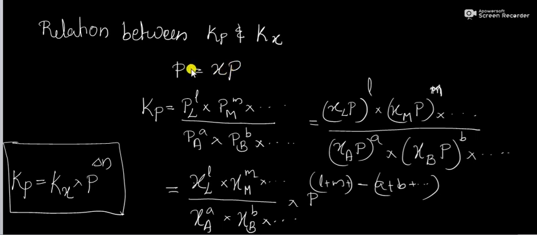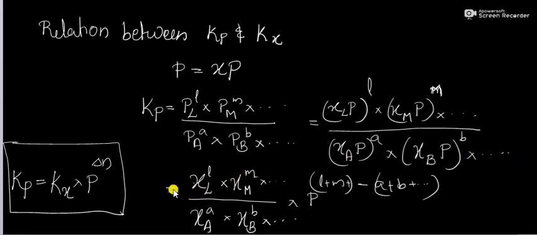So substitute the value of p, that is our partial pressure, by this equation. We can write Kp is equal to (xL P) all to the power l into (xM P) to the power m into etc. divided by (xA P) all to the power a into (xB P) all to the power b into etc.